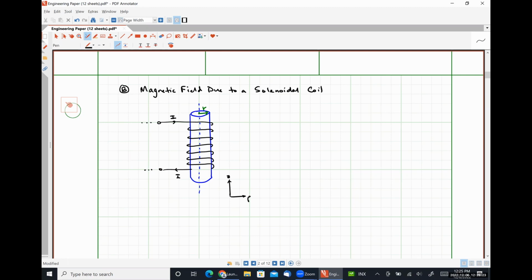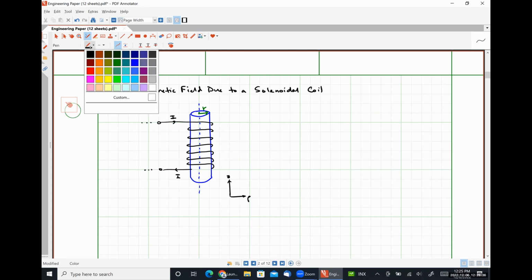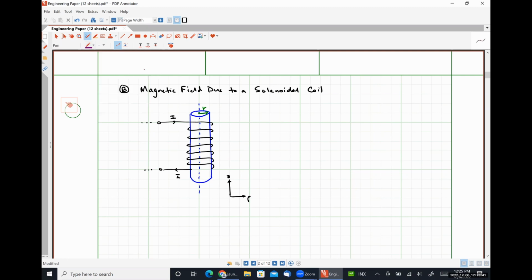So what we're going to do here is we're going to apply a similar process. We're going to choose a contour and then work with what that contour gives us. Okay. So I am going to choose another contour here specifically to exploit the symmetry of this system. And so I'm going to choose a contour where one vertical leg is along the axis of symmetry of my coil.